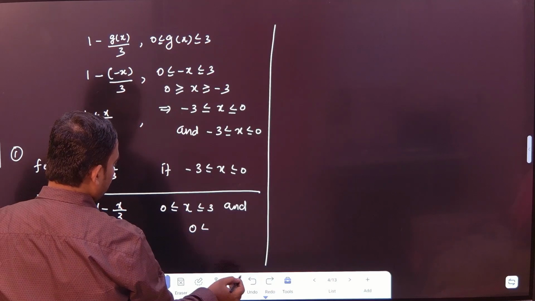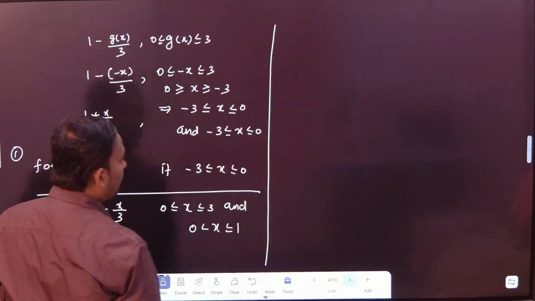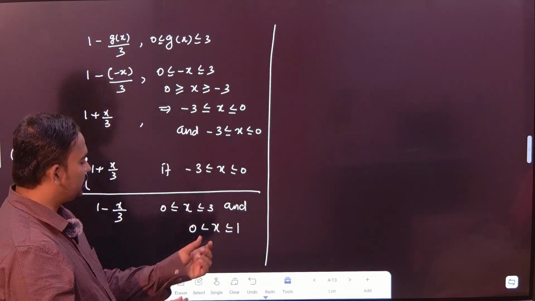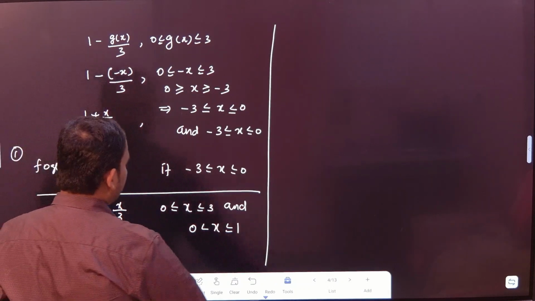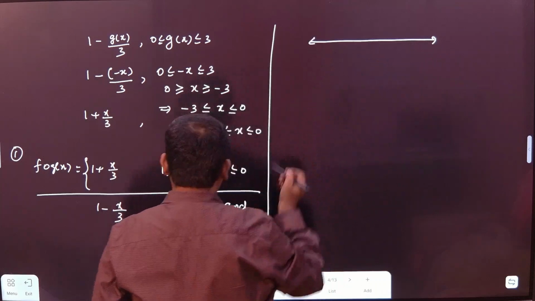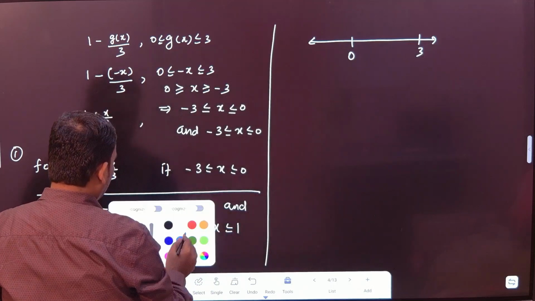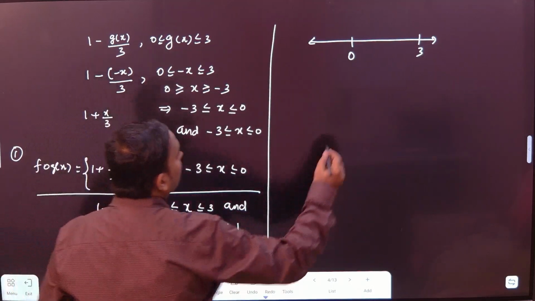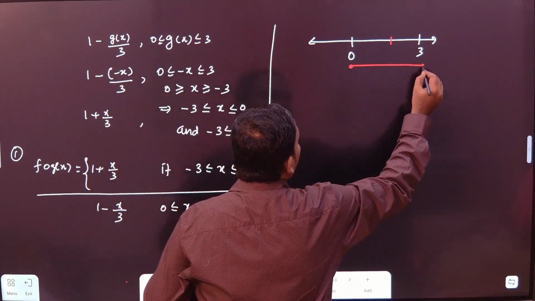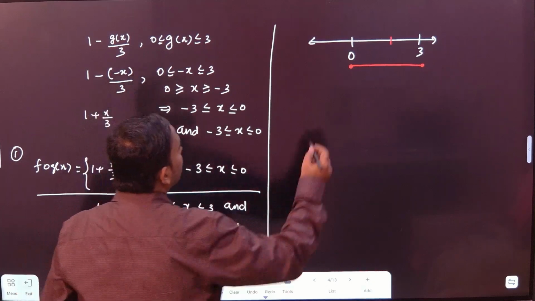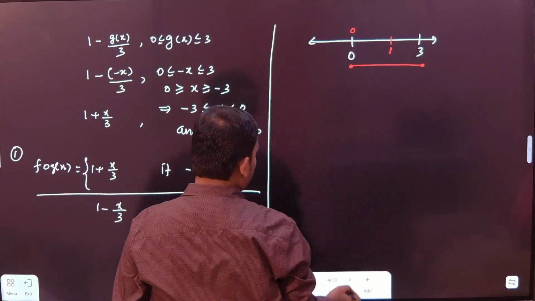So what you can do, x less than or equal to 1. Yes, just check it once again. Yes, correct. When g of x equal to x, when x is 0 to 1. Now you can see the common intersection will be there, right? The first one, you can see 0 to 3 here, and then the second function is 0 to 1 here. So 0 to 3, 0 included, 3 also included. And in the second function 0 is not included, 1 is included, right?